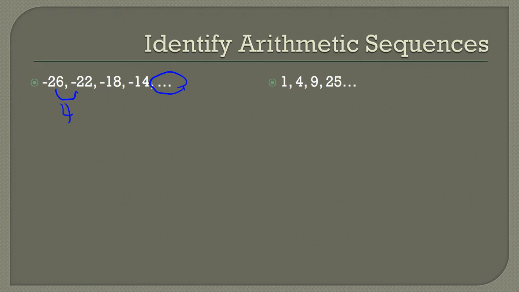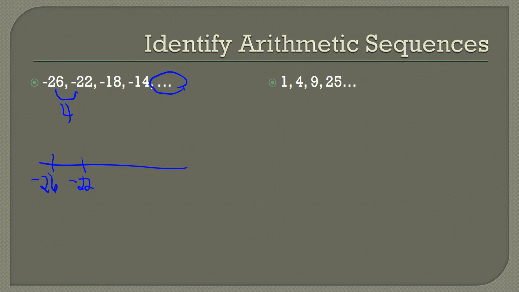Now, you might say, how do we get to 4? Well, I could just look. But if I understand the number line, let's say that I've got negative 26 out here, and then my next number is negative 22. Between them, I'm going to have negative 25, negative 24, negative 23, negative 22. There are 4 numbers between those.